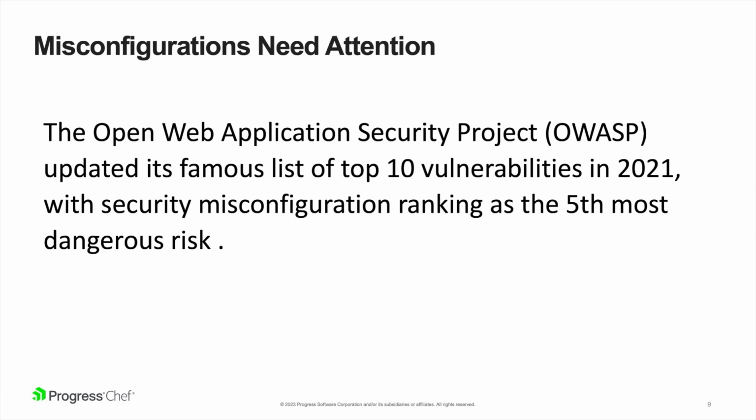Additional concerns include redundant features, default settings, passwords, visible error handling information, or misconfigured databases or disabled security features. And it's important to ensure that application frameworks and servers have secure settings and that all software components are up to date.